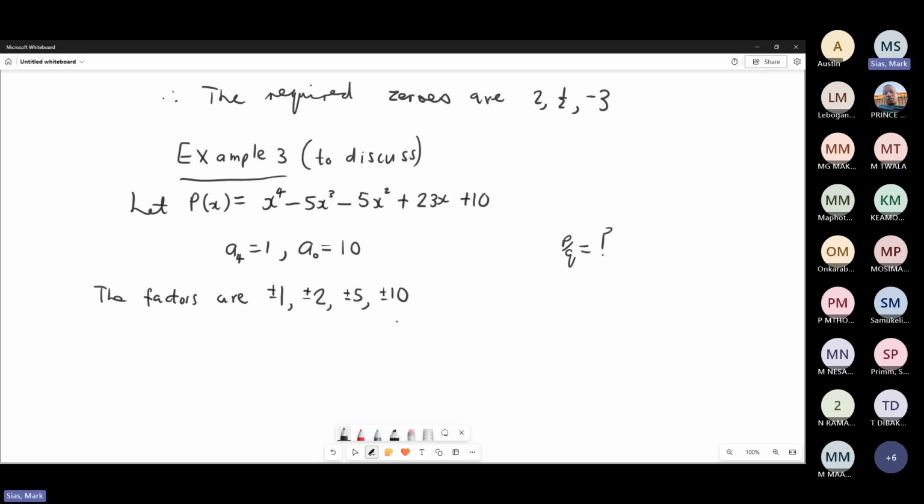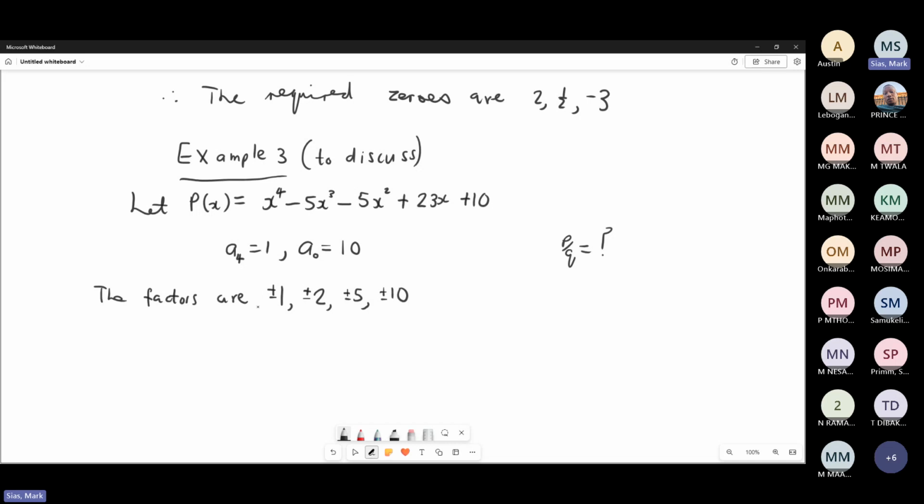So 10 has 8 factors and 1 has 2 factors. You can see 10 over plus or minus 1 is plus or minus 10. Plus or minus 5 over plus or minus 1 is plus or minus 5. Plus or minus 2 over plus or minus 1 is plus or minus 2. And plus or minus 1 over plus or minus 1 is plus or minus 1. So these are your factors, and they are also the possible zeros.